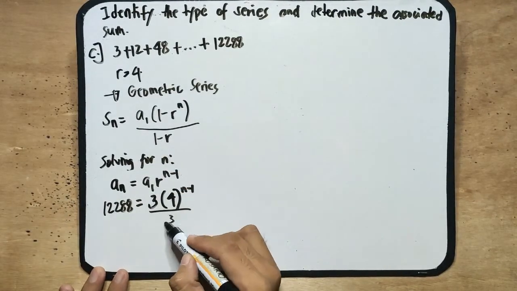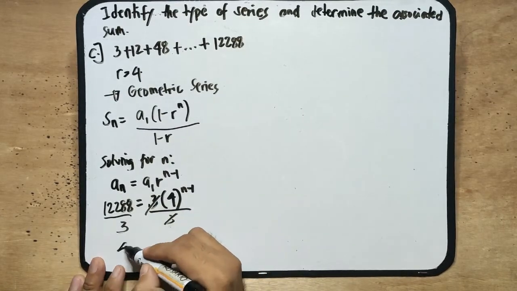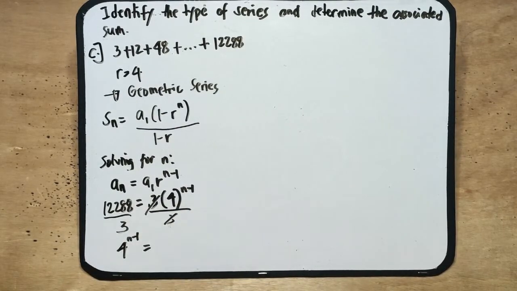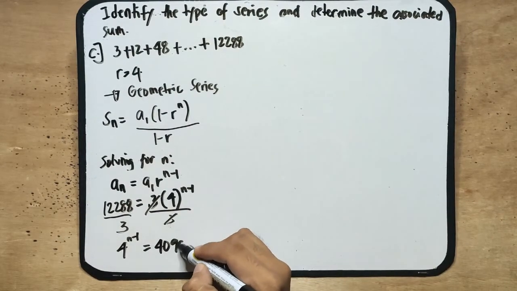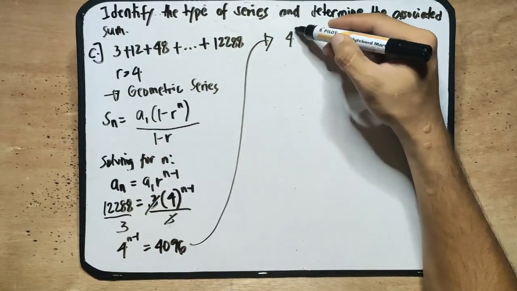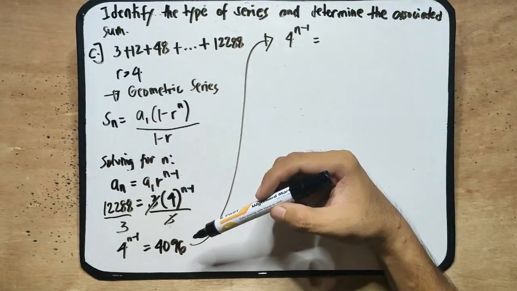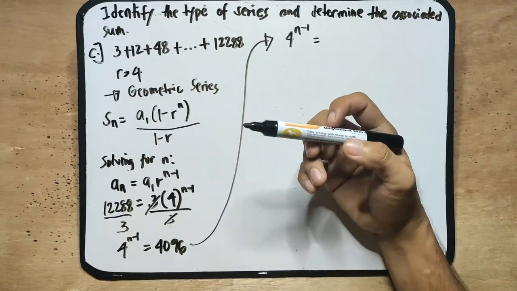So divide both sides by 3 to remove the 3 here. So we have 4 raised to n minus 1 is equal to 12,288 divided by 3, which is 4,096. Continuing the process, 4,096 can be written in terms of 4 as the base.